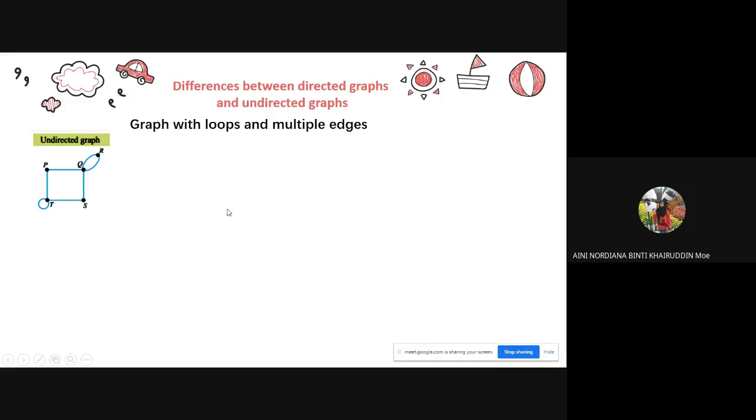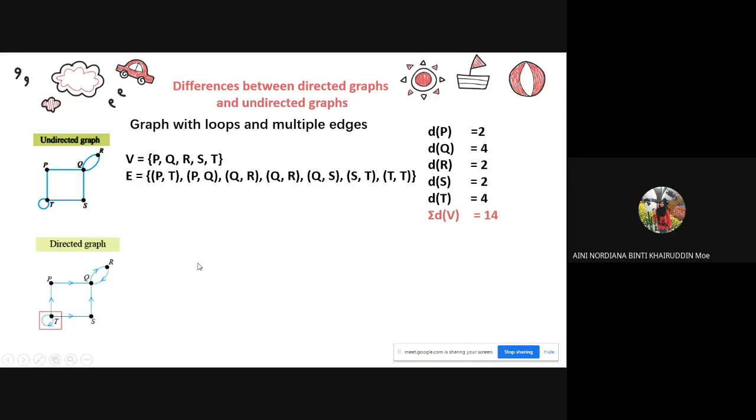Graph with loops and multiple edges. This one we have learned before. The V is P, Q, R, S, T. And for E, you can write in any direction: PT, PQ, QR, QR, QS, ST, and PT for this loop. But for directed graph, you have to follow the direction.